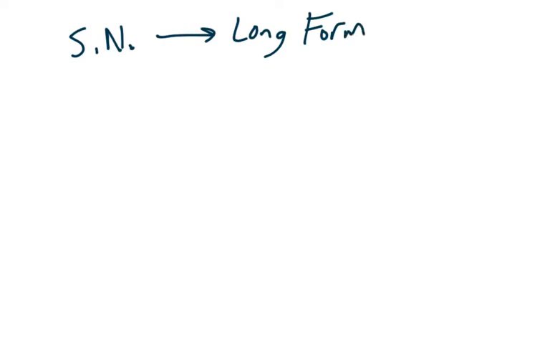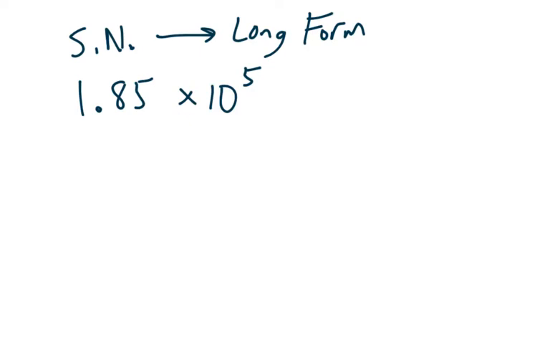Let's go backwards. Let's say I have something in scientific notation, and I want to change it to the long form. You might have to do this from time to time. So let's say I had 1.85 times 10 to the 5th. So notice that the exponent is positive.